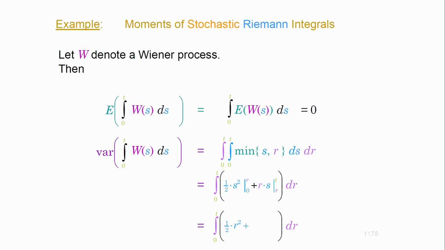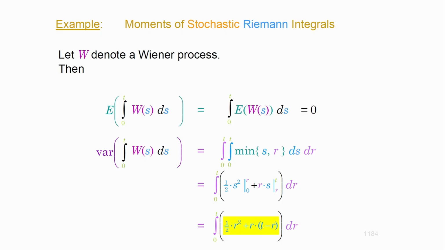The upper end point is t, and the lower end point is r. So s is going to be substituted by t minus r. That's what I'm doing. Because it's a linear function, it doesn't really matter. So r times t is the upper endpoint minus r times r, the lower endpoint, which is r squared.